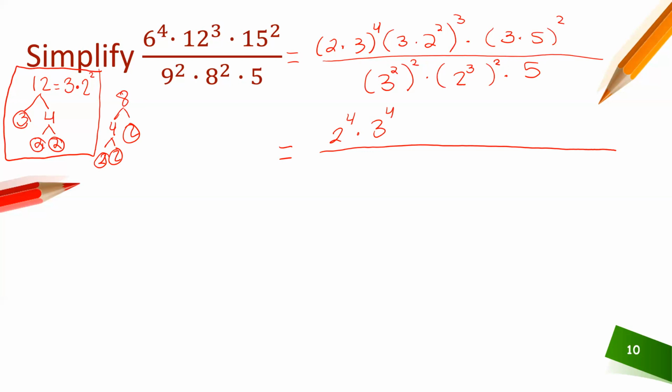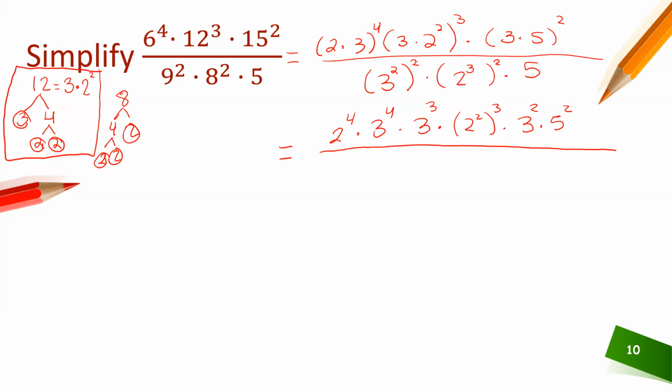And then 3 times 2 squared to the third power is going to be 3 to the third power multiplied by 2 to the second power to the third power. That would be like this. Times now 3 to the second, 5 to the second. And then in the denominator, you have here 2 to the second power.